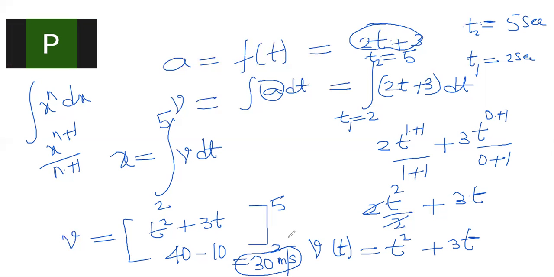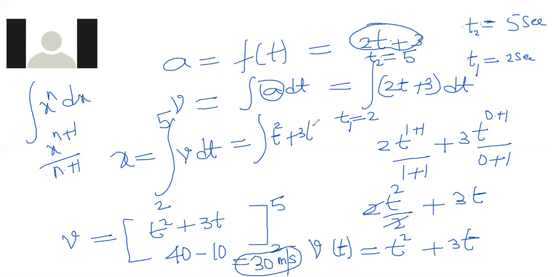Understood? Now I want to find out the displacement. How would I do that? Again integrate this. At least can you try that? What is the integration of this? I have to integrate t square plus 3t dt from the limits 2 to 5.